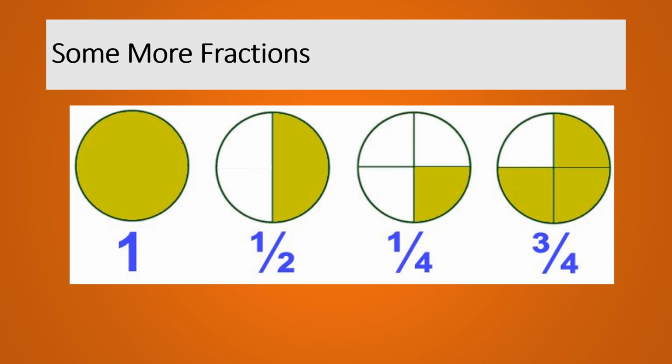This is 3 by 4, because 3 is the total shaded part that we have written in the numerator. So the upper part of the fraction is called the numerator, and the bottom part is the denominator. So half, that is 1 by 2. 1 by 4 we call a quarter, and 3/4 or 3 by 4 is the same here.